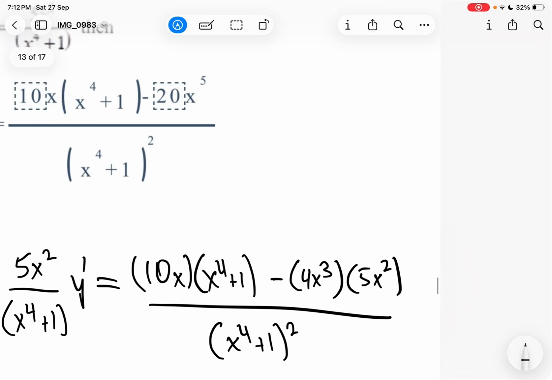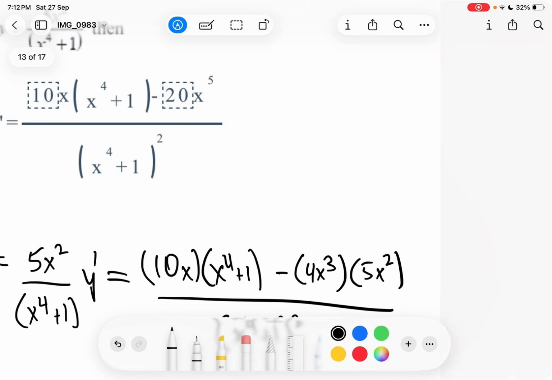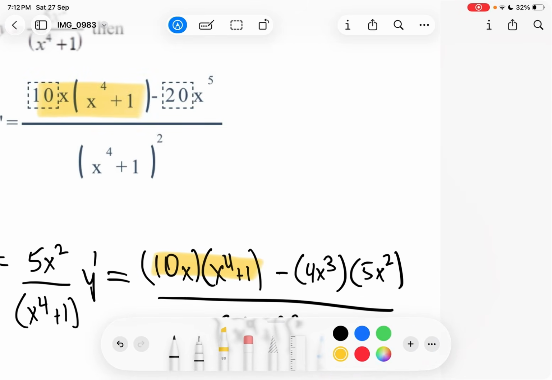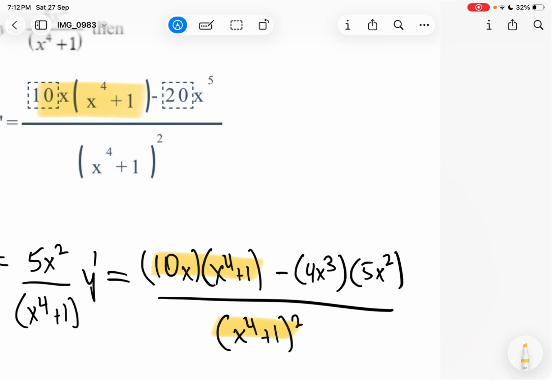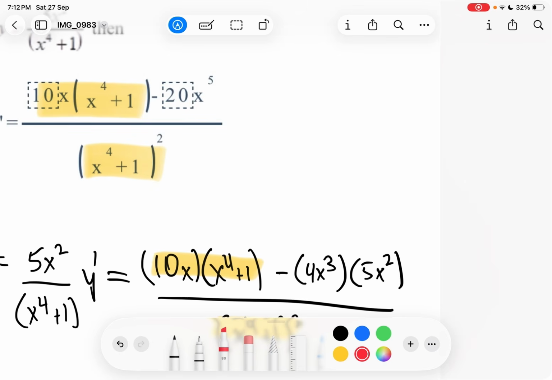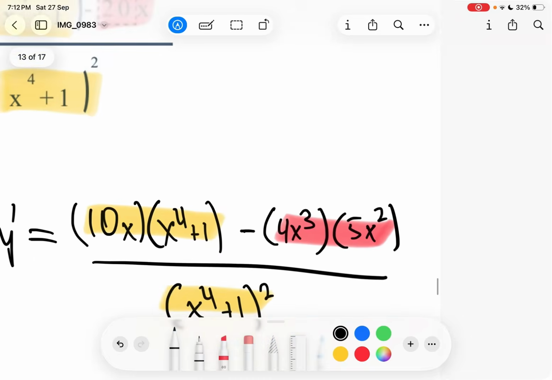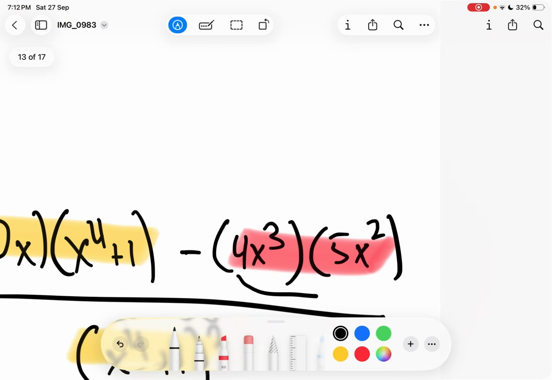Okay, you got here, look, this is the same thing as this, and the bottom one here is the same as this, but this one, as you see, is 20x^5. Because 4 times 5 is 20, and x^3 times x^2 is x to the power of 5.